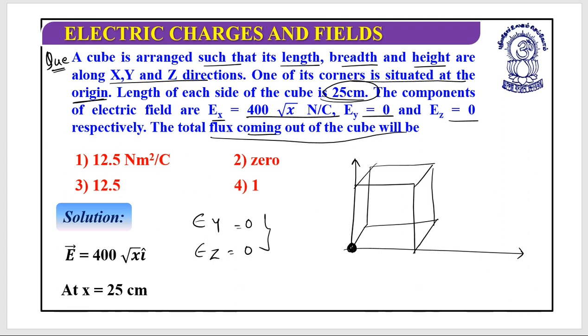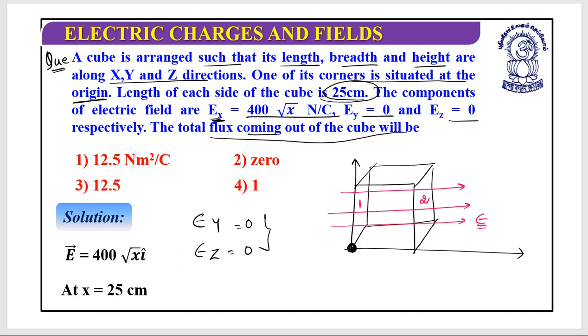But the electric field is there in the x direction, it is 400 into root of x. So the electric field is in this direction, something like this. If I consider this face as first and this as second, these two have a chance to contribute to the flux.